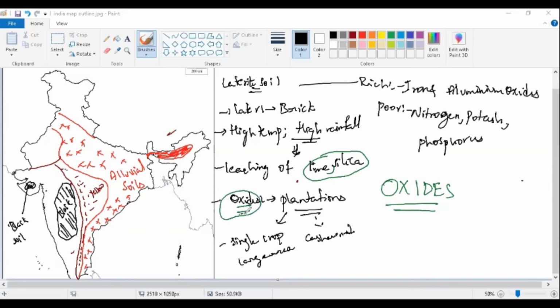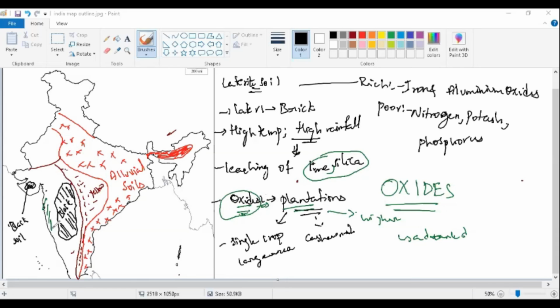These oxides don't favor proper agricultural cultivation. So plantations will be done by big industries using advanced technology. They can afford to undertake cultivation even in not favorable soil. That is the reason plantations take place by big industries. Small farmers cannot invest in this land to cultivate. Did you get that point? Yes, ma'am. Thank you.